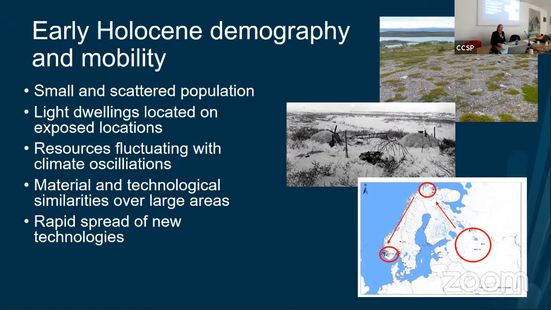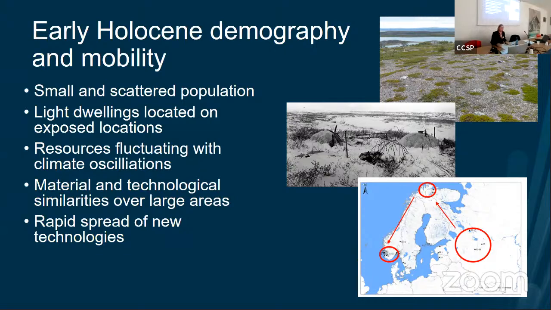We are also talking about an early period where there's a lot of climate fluctuations. We can see that the dwellings, the houses that people were living in were probably very light ones. They were probably more like tents. We have an image here from North America, giving some ethnographic suggestions as to what some of these dwellings might have looked like.